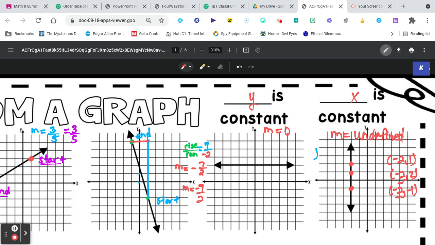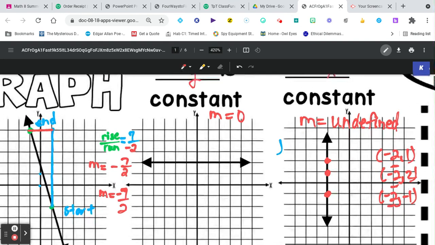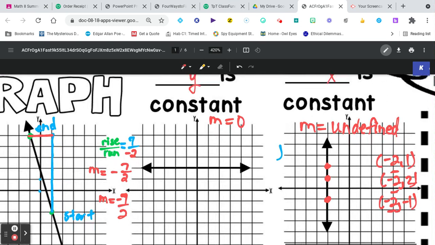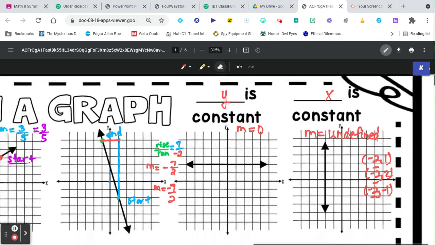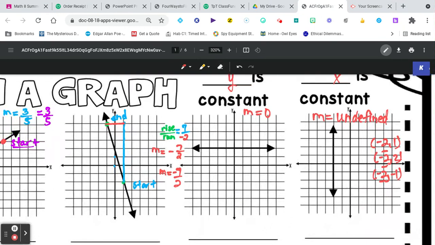But when you have a vertical line, your x's are the same, or they're constant. So just something to remember. Horizontal line, slope is 0, and you might want to put that. Vertical line, your slope is undefined.